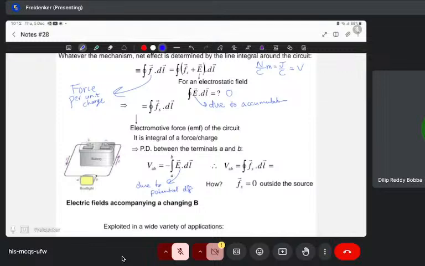Okay, so how do we write the potential difference? If you remember, VAB is nothing but VA minus VB, and how can I get this? There is this gradient theorem, no?